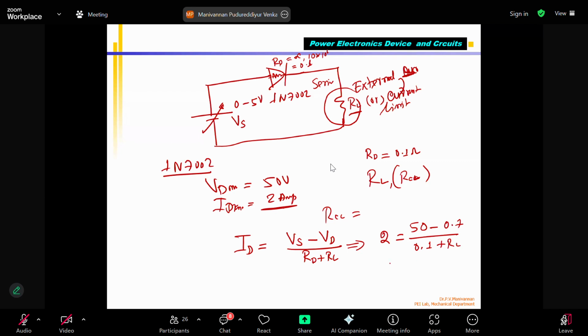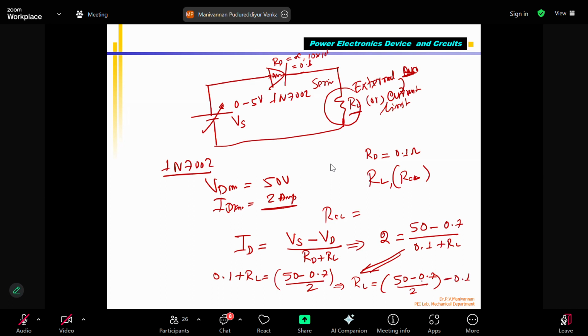So from this, I can bring it here. 0.1 plus RL equals 50 minus 0.7 divided by 2. And I want only RL. So RL equals, this will go to the other side, 50 minus 0.7 divided by 2, minus 0.1.